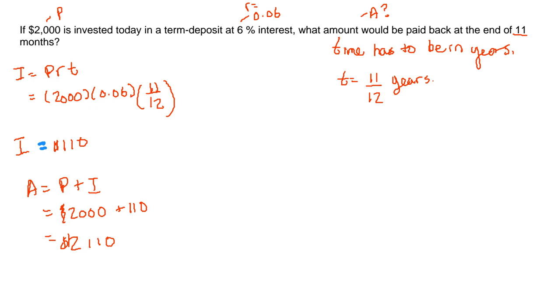Let's see if I can find another one. Okay, let's maybe look at one with days instead. And then I would like to give a list of all of the conversion factors that you might need to know.